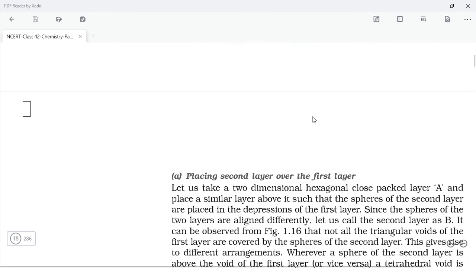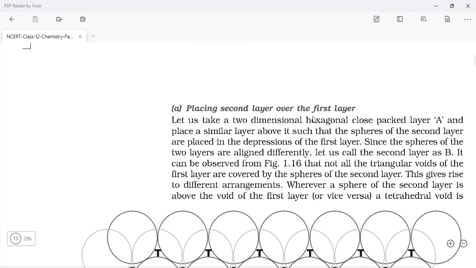A: placing layers over the first layer, you just keep layer by layer, keeping the layers symmetrical. You put the sphere in exactly the same position as it was in the first layer.